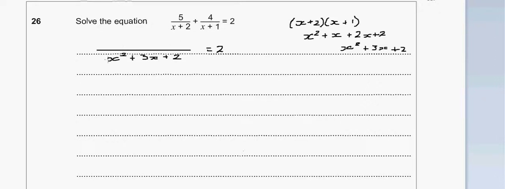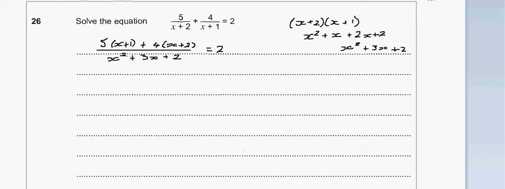Now x plus 2 goes into this equation x plus 1 times. So this would be x plus 1, and we'd need to multiply that by 5. To that we would add, now x plus 1 goes into this x plus 2 times, and we need to multiply that by 4. Okay, so now we need to expand the top.